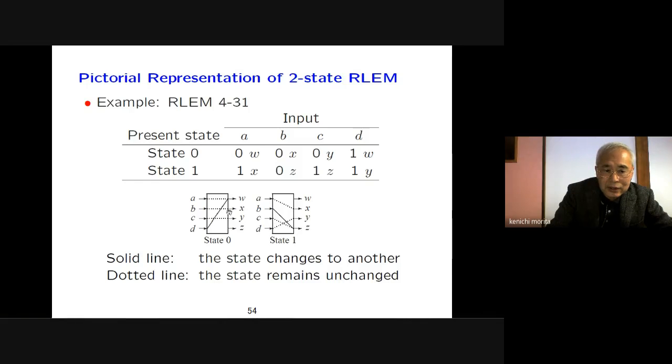Solid and dotted lines indicate the input and output relation. A solid line means that the state changes to the other. A dotted line means the state remains unchanged.